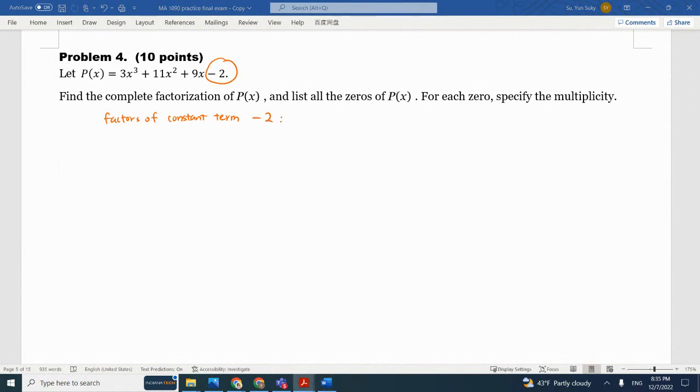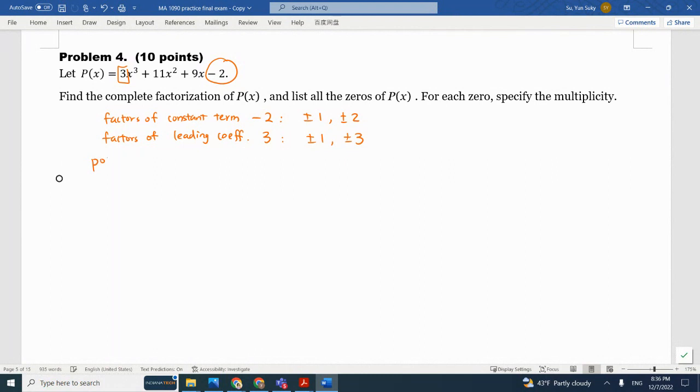So factors of -2, we start with plus or minus 1, and then plus or minus 2. They're integer factors. And then we look at factors of the leading coefficient. Leading coefficient is 3. Factors of 3, plus or minus 1, plus or minus 3.